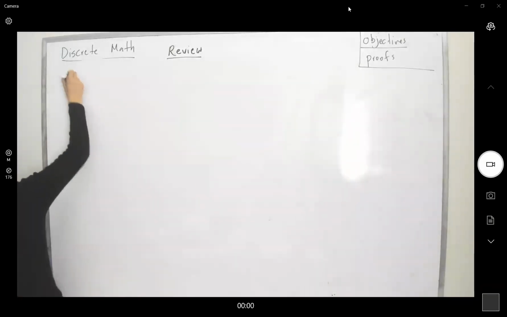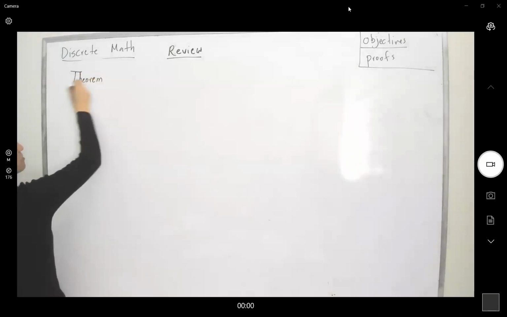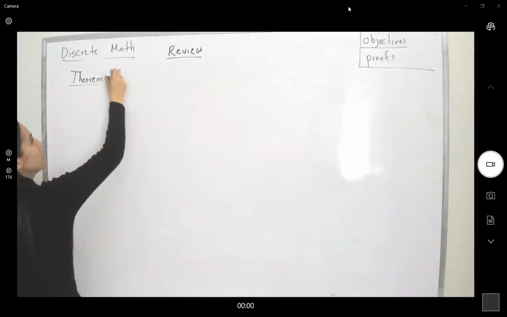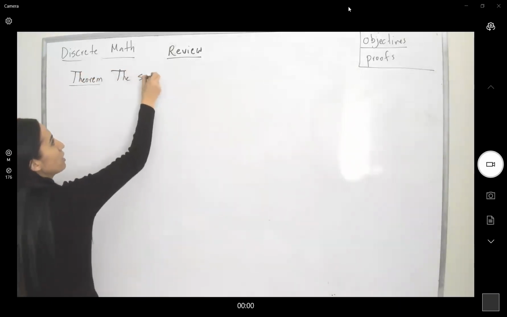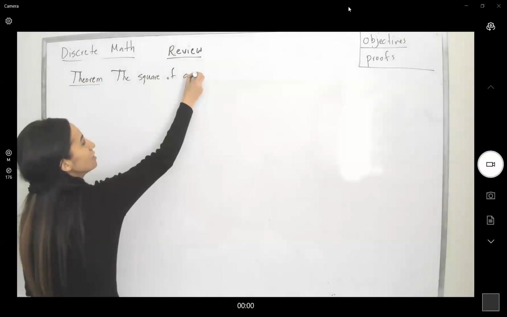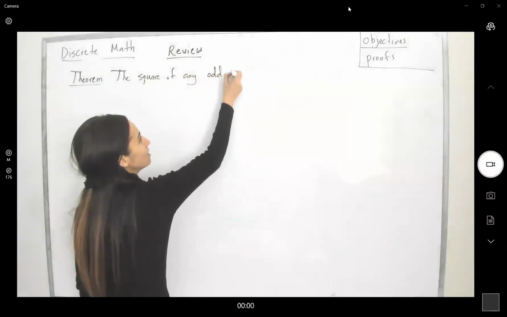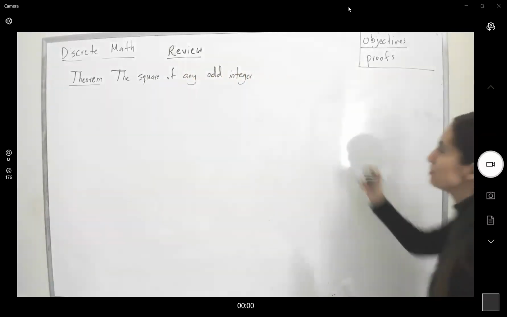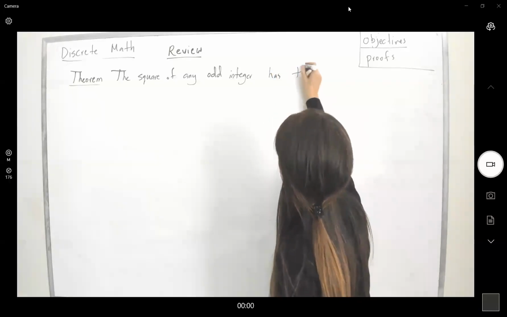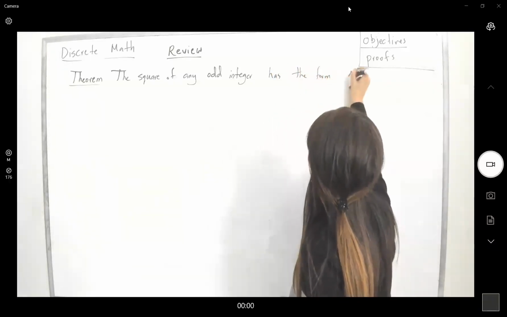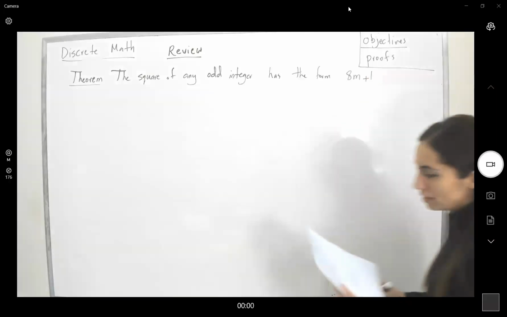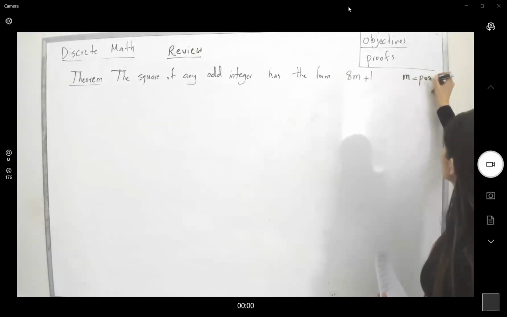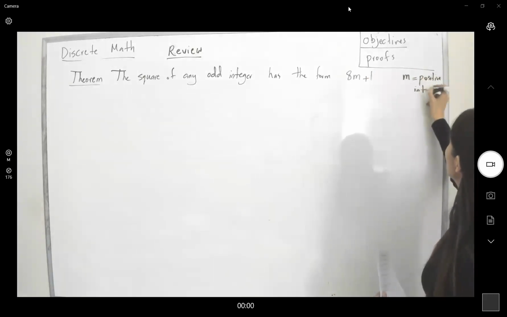This new theorem says the square of any odd integer has the form 8m plus 1 for some positive integer m. m is a positive integer.